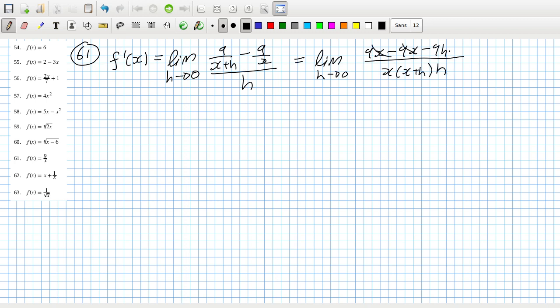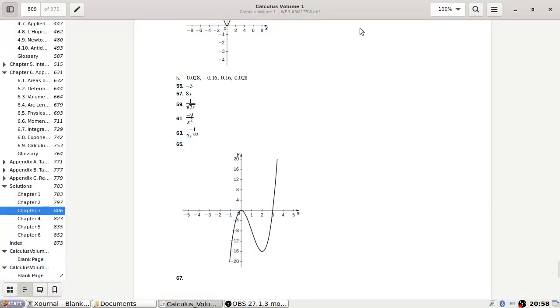So they cancel, the h cancels, and you're left with minus 9 over x squared then, for 61.